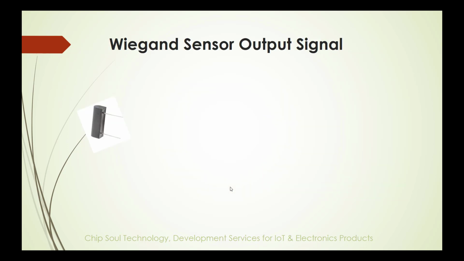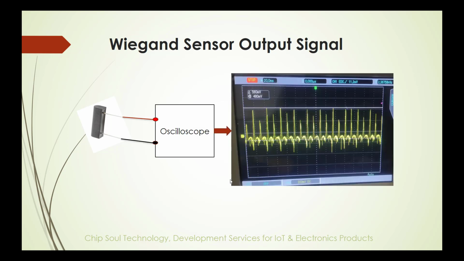Now in this slide I want to show you the output voltage whenever I connect the Wiegand sensor directly to the oscilloscope, so you will see this is the output voltage. But the limitation of this signal is that you can't provide it to the microcontroller, because it is a very unstable signal and the microcontroller may be damaged once you connect this signal to the microcontroller GPIO.